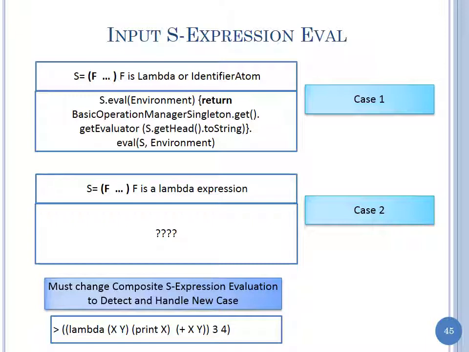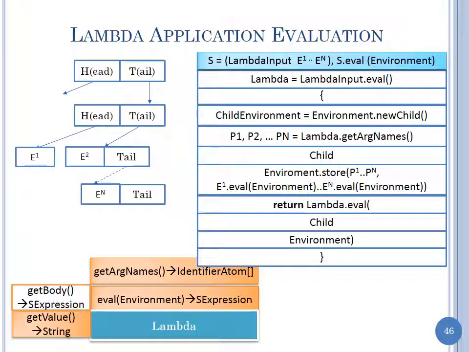Okay? So we have two cases. Case one is covered already by going to the basic operation manager and doing the lookup. Case two is what we are talking about.